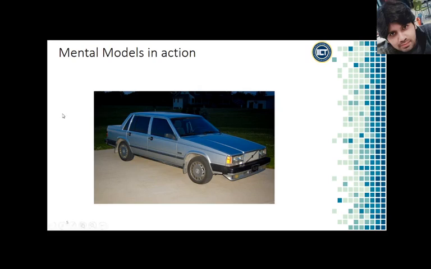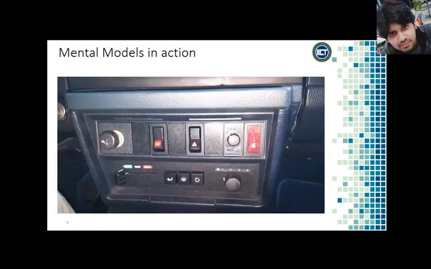So consider it's a very hot day outside, and these are the controls which were normally present at the time of the introduction of this car, which is 1989. And by looking at these controls, how would you make the air temperature colder and the air come out faster?